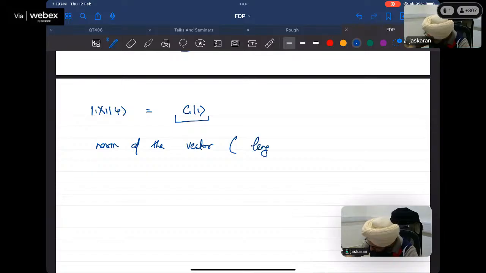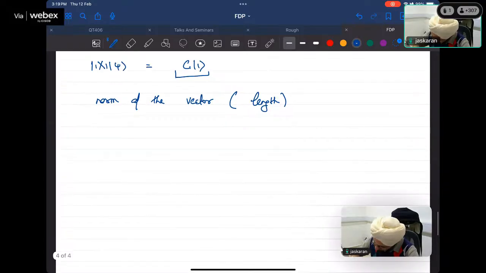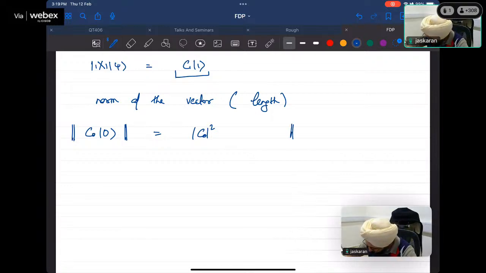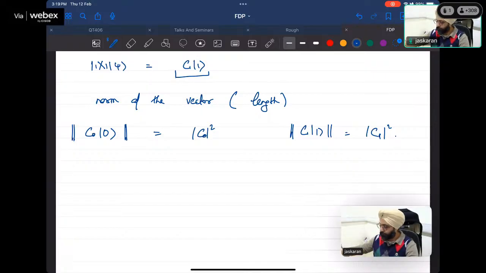So once we have the vector C0|0⟩, I can find its length by taking a norm, which I denote by these two vertical lines, and this is nothing but |C0|². Similarly, the length of C1|1⟩ is |C1|².